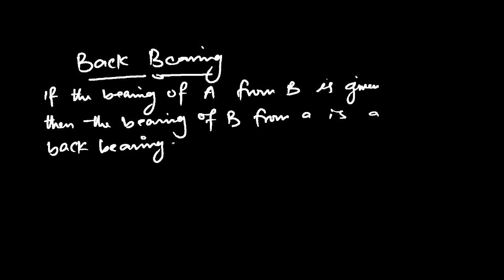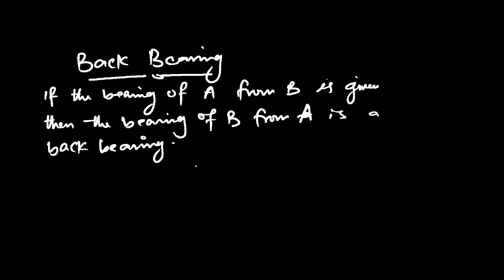Am I making sense now? So if the bearing of A from B is given to you, then the bearing of B from A, this is supposed to be capital A, sorry, the bearing of B from A is a back bearing.